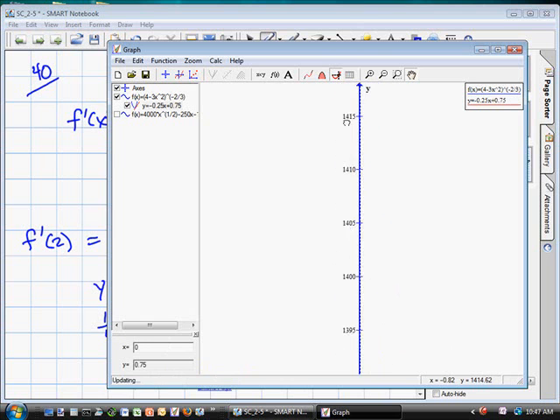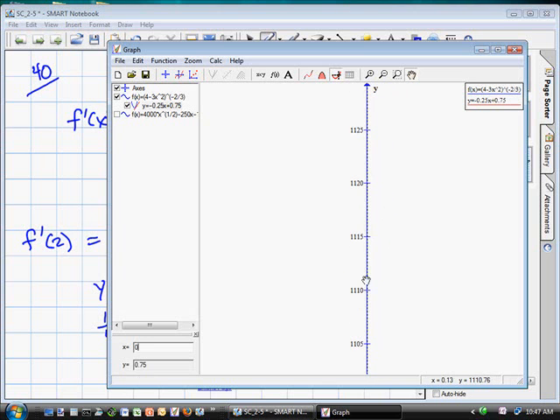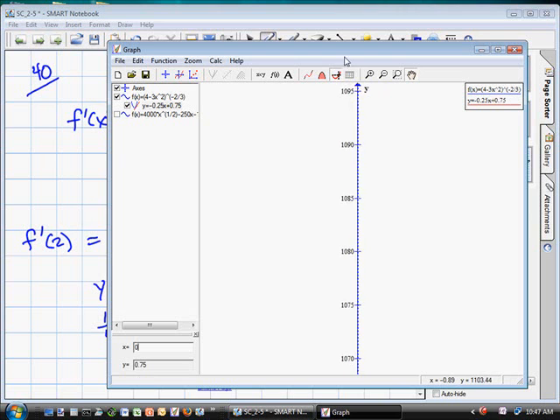I've already got the graph drawn, so it shouldn't take that long once I get down. I don't want to kill you.